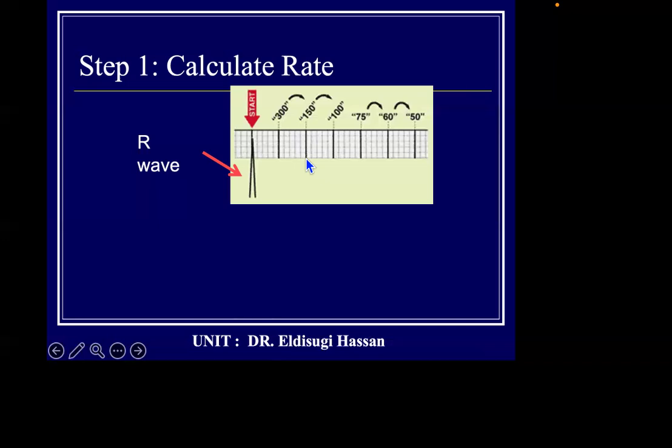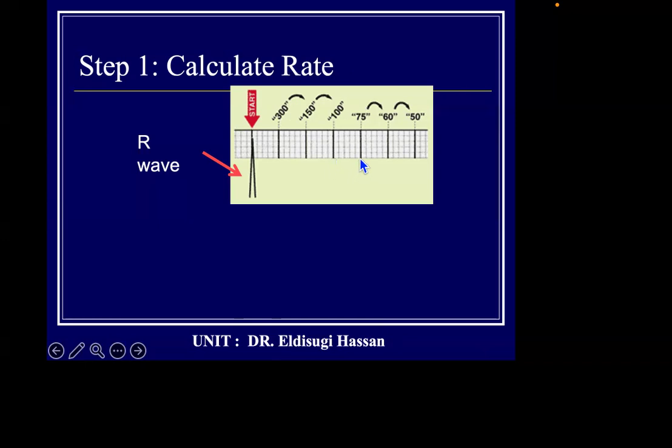If the second R wave is here, you do 300 over 2, the heart rate will be 150. If the next R wave is here, then you have 1, 2, 3. So 300 over 3, the heart rate will be 100.